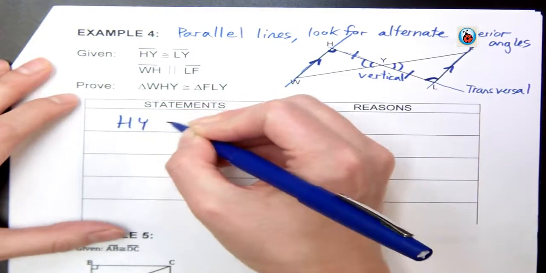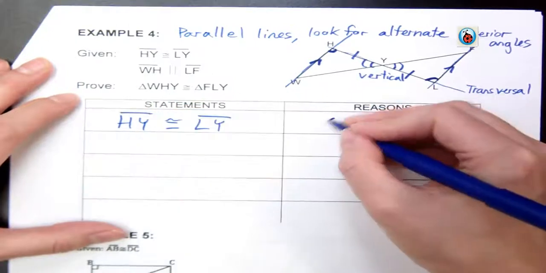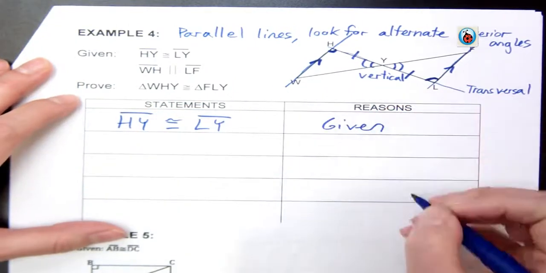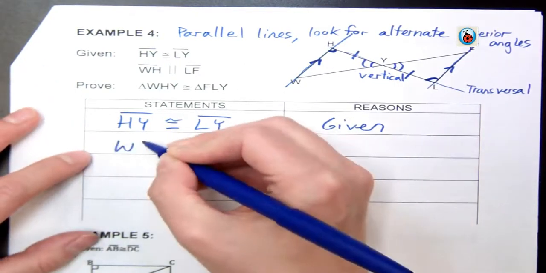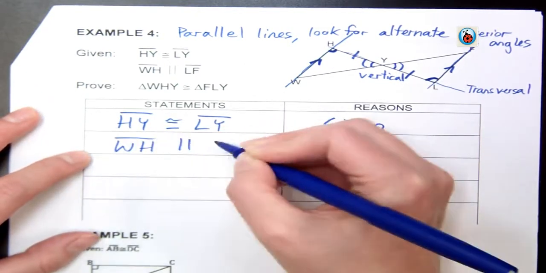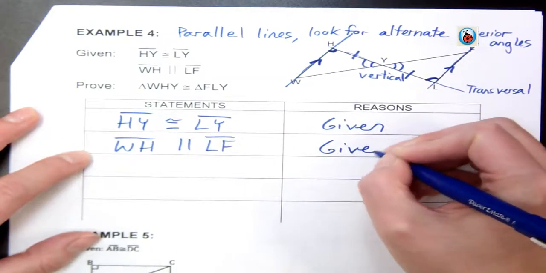So HY is congruent to LY, and that reason is given. Then my WH is parallel to LF, and again, that reason is given.